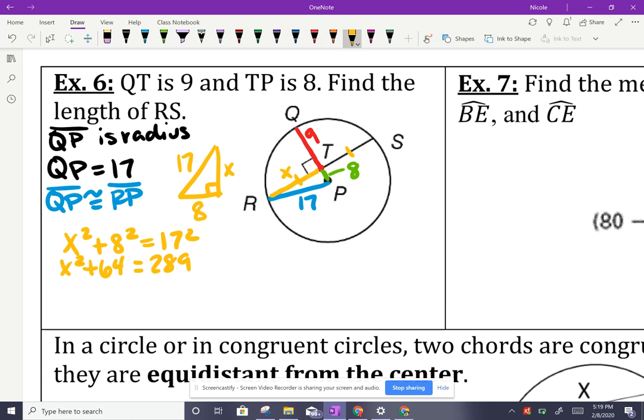Minus 64. X squared equals 225. So x is 15. You double that, so RS is equal to 2 times x. So RS is 30.